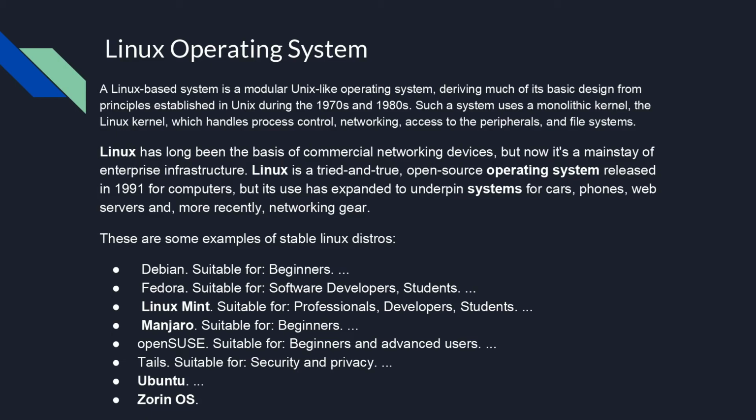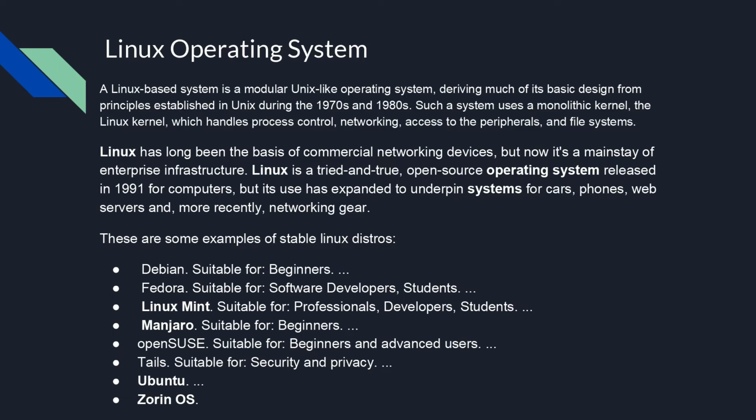Linux is a family of open source Unix-like operating systems based on the Linux kernel, an operating system kernel first released on September 17, 1991 by Linus Torvalds. Linux is typically packaged in a Linux distribution.